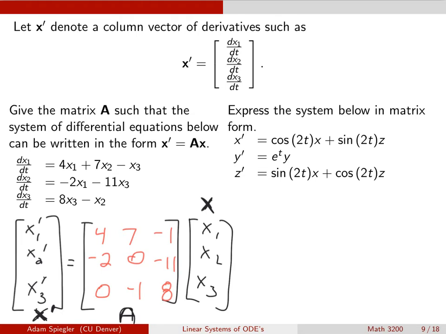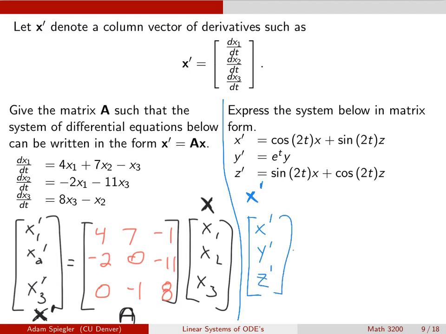And coming over to this one over here, we could do the same idea. We have our vector x prime, which would just be x prime, y prime, z prime. That's going to equal some matrix times x, y, and z. Those were our variables. And now we would just pick off, well, what's the piece in front of the x?